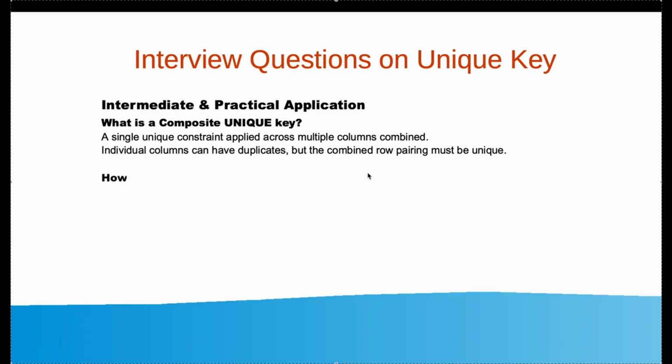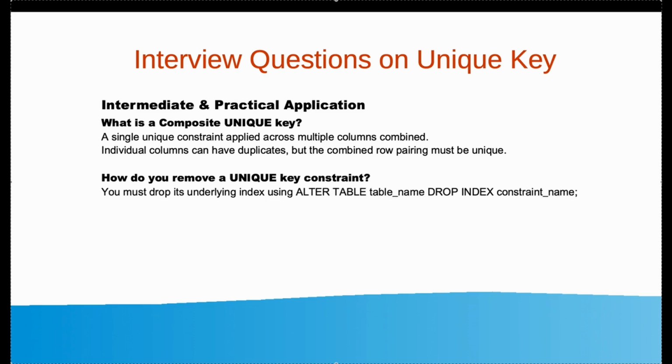Now, how do you remove a unique key? We have already seen in our practical example. You must drop the underlying index, because it creates an index. The query is: alter table name, drop index, and the constraint name.